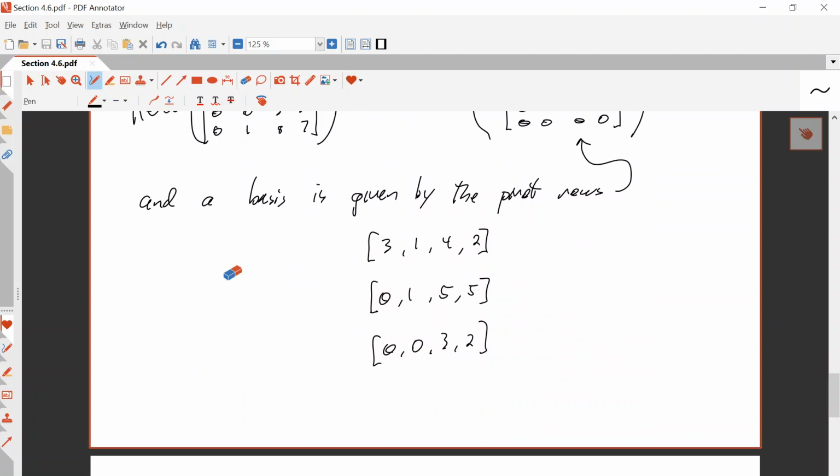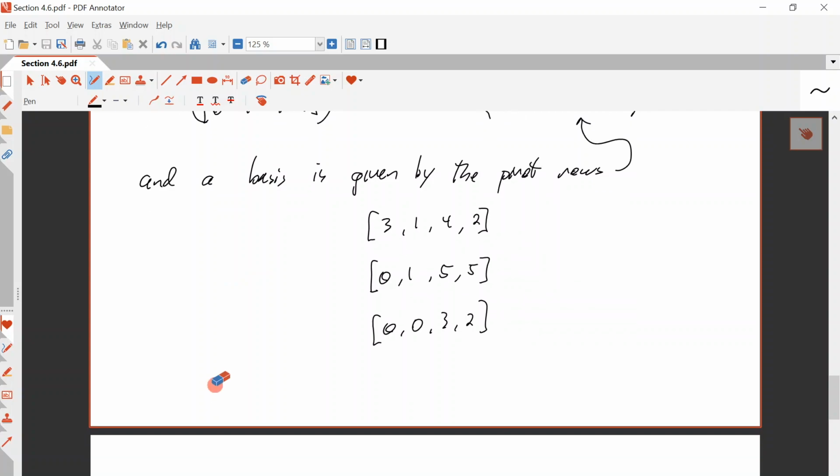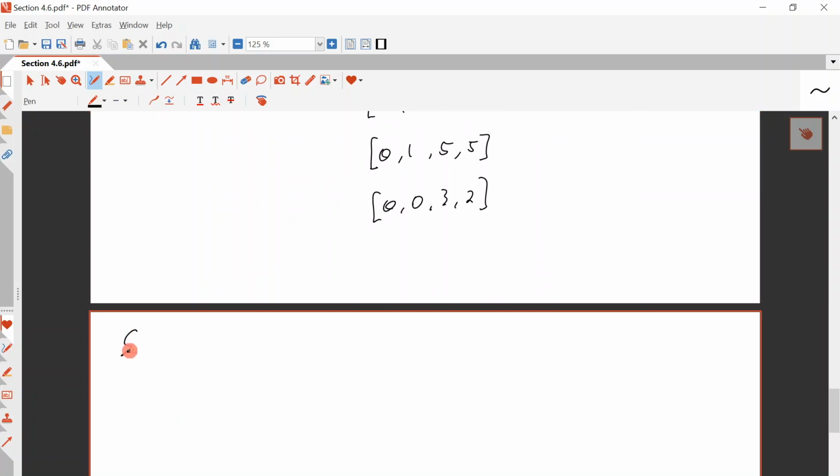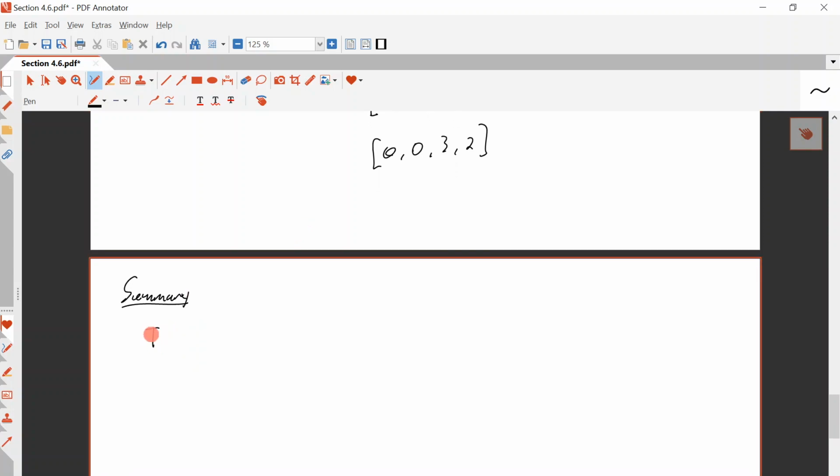So a little summary of a few properties here. If A is an R by C matrix with P pivots, then 1.